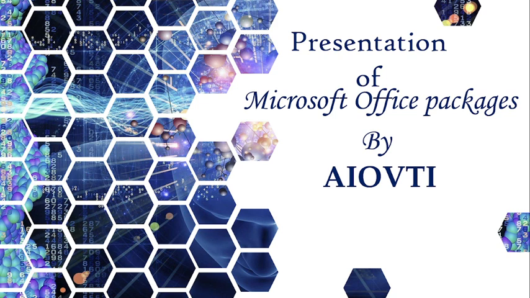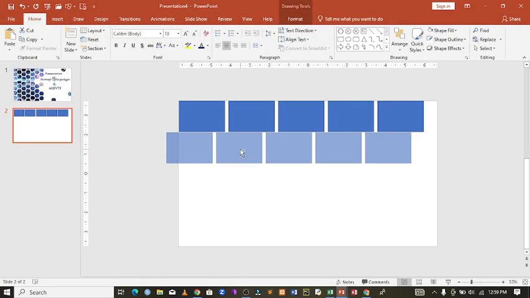Now it's okay. Highlight it all. After you highlight it, just drag it like this, and drag it like this one.